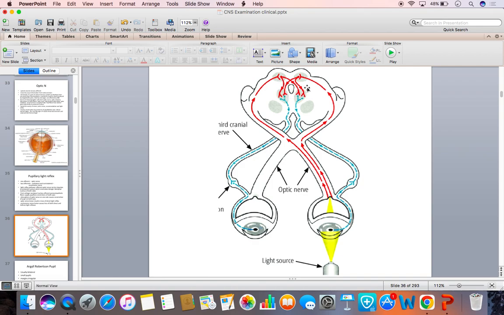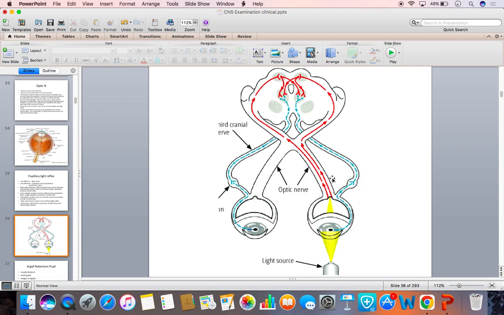The impulses reach the Edinger-Westphal nuclei of both sides, left and right. From there, efferents start, and they go and supply the pupillary constrictors, that is ciliary muscles, to cause the pupillary constriction.